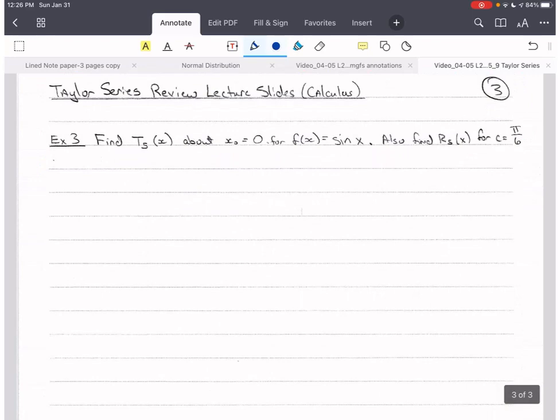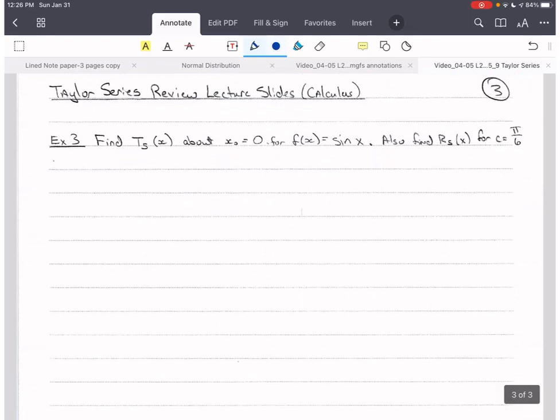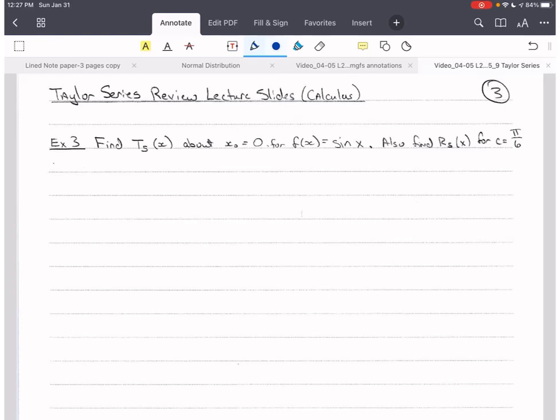Now let's look at example 3, and we're going to change from e to the x to sine x, and we want to find T5 of x and R5 of x for c equals pi over 6. All right. So here we're going to do the same thing we did in question 1.